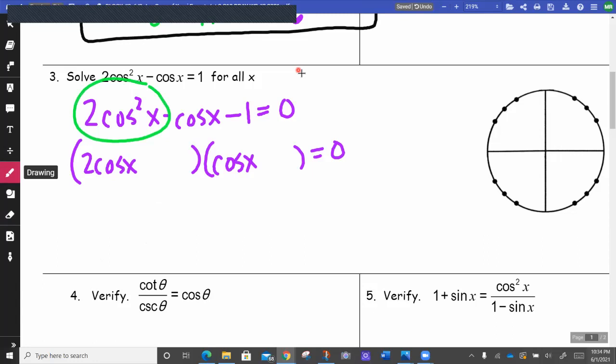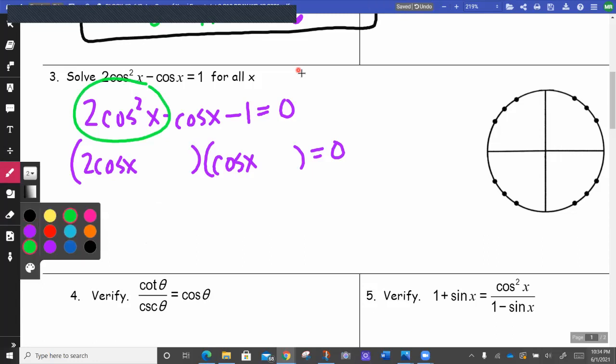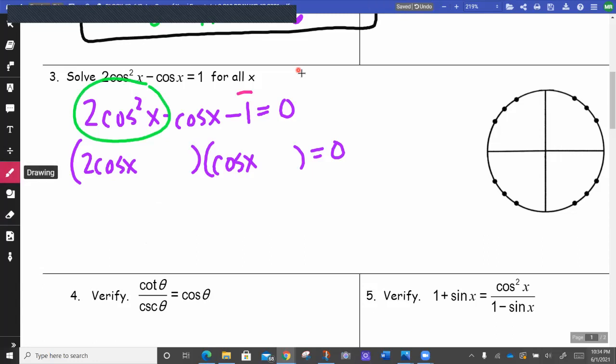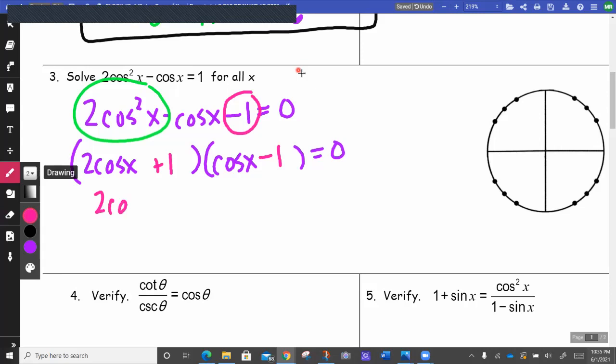And then in the back, I need to get a -1. So that's going to be a positive 1 and a negative 1. Since I need a negative cosine x, I think I'm going to have my -1 here, because that's going to give me a -2. And then my positive here. Okay, so now basically, this is going to be 2 cosine x equals -1.